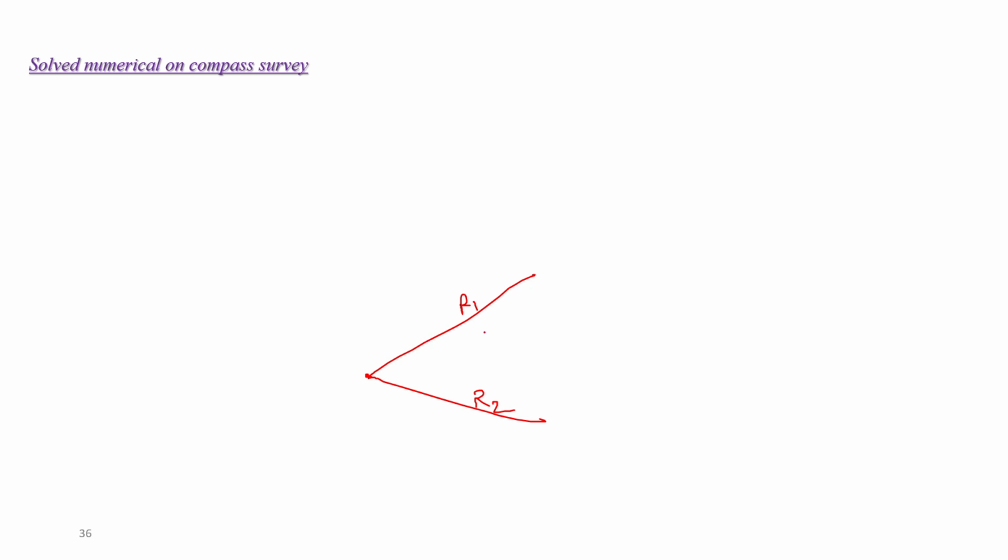Suppose we have to find the internal angle between these two roads, and the bearings of these lines are given, theta 1 and theta 2. What will be the value of this internal angle? It will be theta 2 minus theta 1. We have to do only this work here.